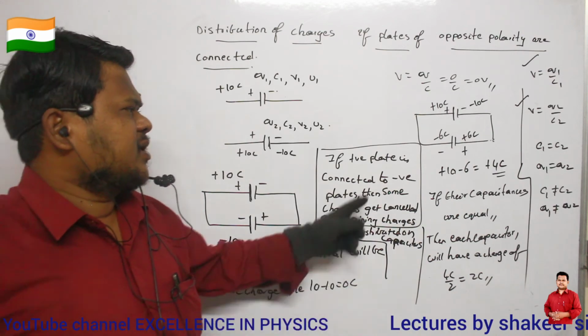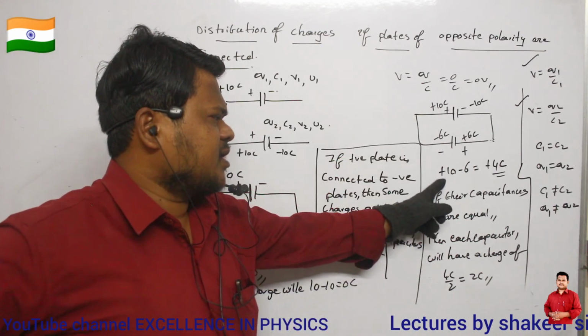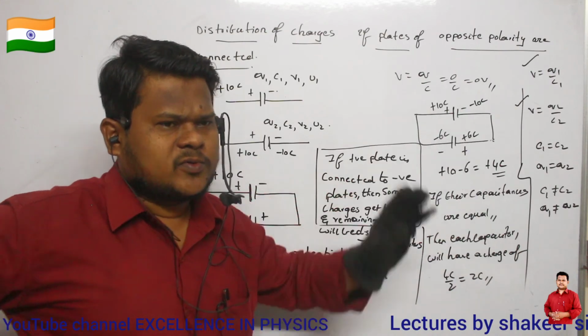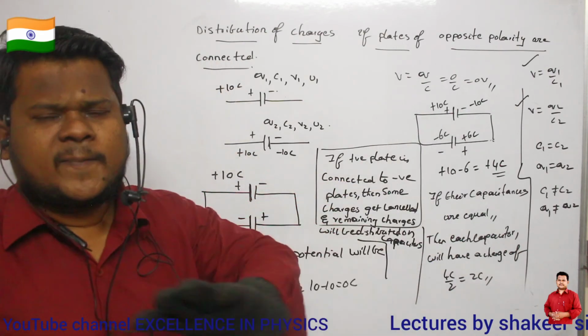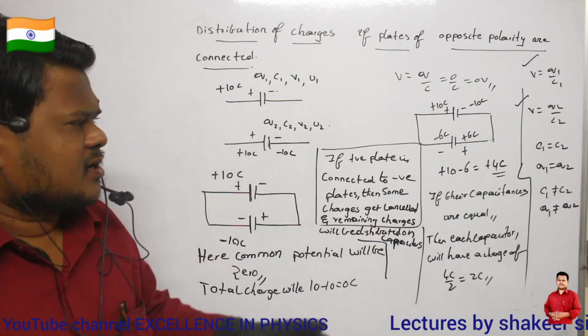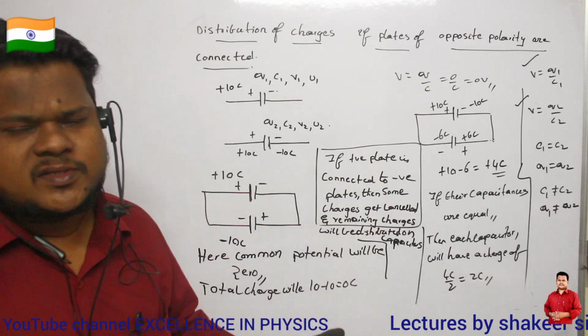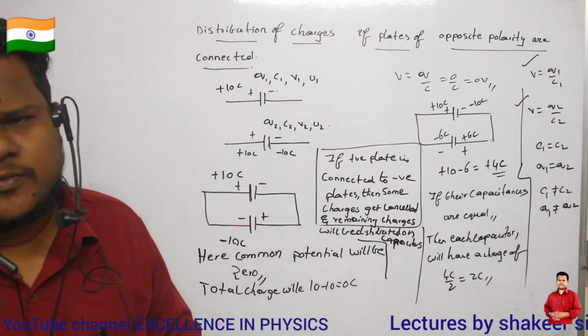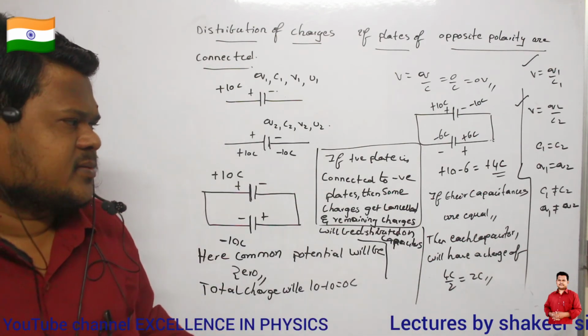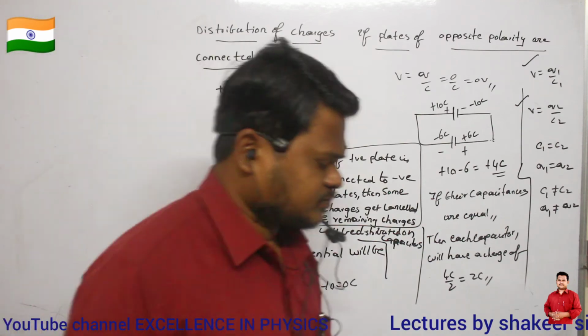But if it is plus 10 and minus 6, then 10 minus 6, totally only 4 coulombs of charge will be present. And this 4 coulomb will be distributed among both the capacitors according to their capacitance. If capacitance is equal, then charge will be distributed equally. If capacitance is not equal, then charge also will not be distributed equally.